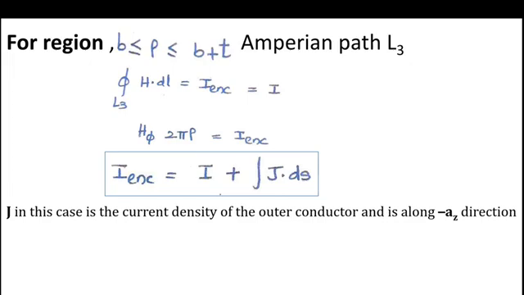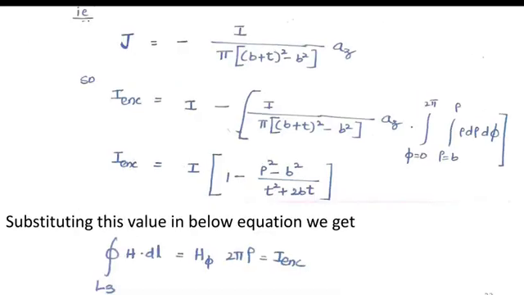J in this case is the current density of the outer conductor, along the minus az direction. Therefore we have to find the J value. J is equal to minus I divided by the area, pi times (b plus t) whole square minus b square, into az.